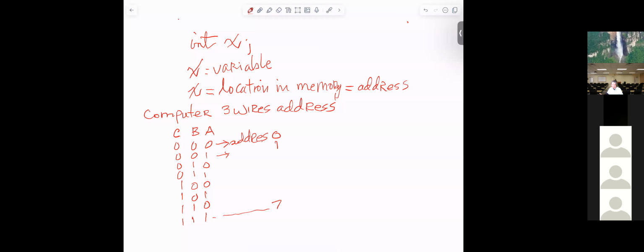When you say X is a variable, the thing is what happens inside the computer. Computer understands only one thing, binary, nothing else. However, we are human. We cannot directly understand binary.